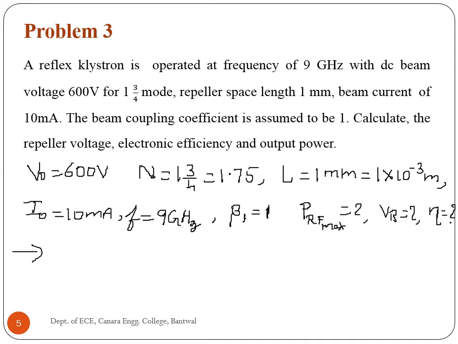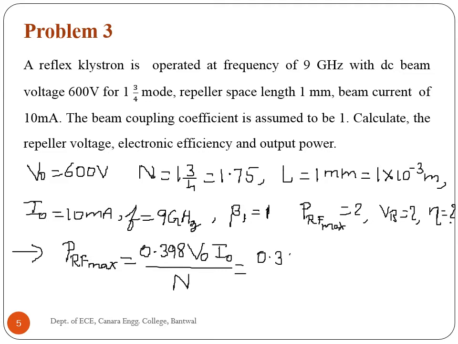Solution. Output power is equal to 0.398 into V naught multiplied with I naught divided by N, which is equal to 0.398, V naught is 600 volts, I naught is 10 milliamperes, and N is 1 into 3 by 4.